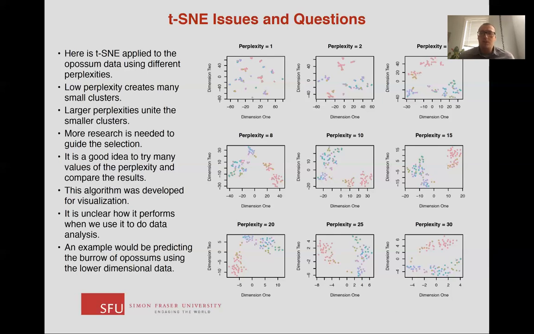So just a little bit of warning that this is primarily for visualization. Also, how we use perplexity and a way to perhaps optimally choose it is still an area of research. So if that's interesting to some of you, you can probe around. So anyhow, that's t-SNE.